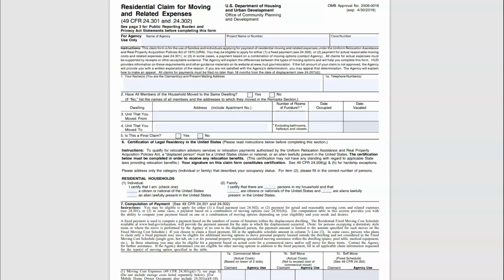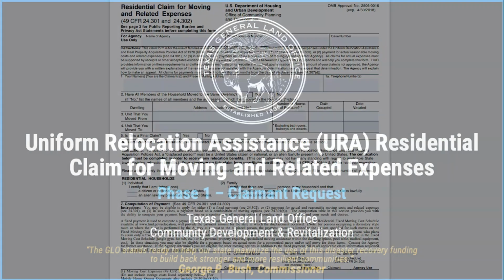The form is completed in a phased approach. First, the claimant enters all information and provides backup documentation for their request. Subrecipients should provide assistance as needed to the claimant to complete this form. Then in the second phase, the subrecipient confirms the information and determines the eligible amount.